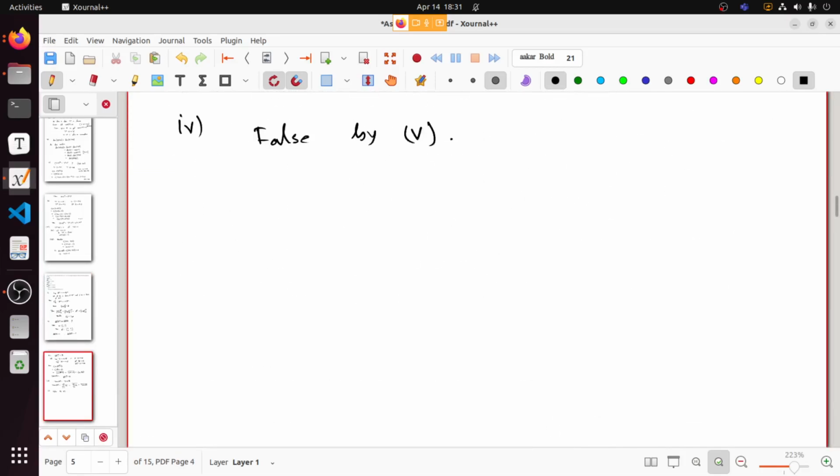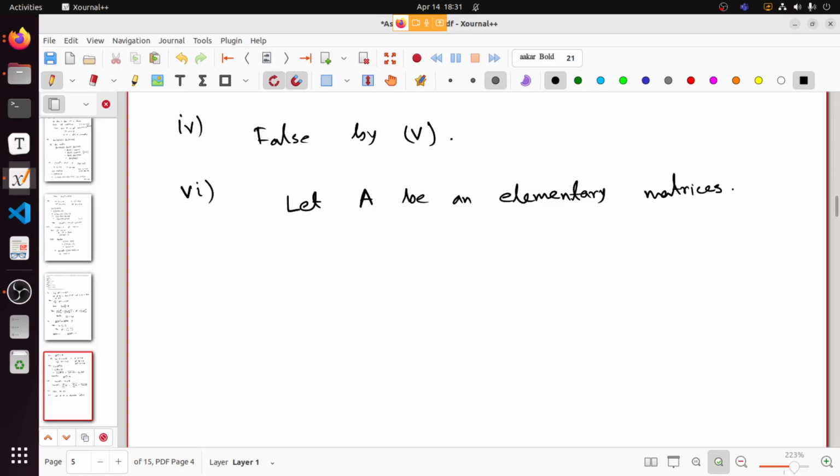So this is option number 6. So let A be an elementary matrix, then we have to take the conjugate transpose.